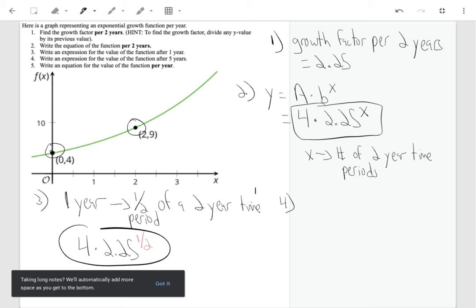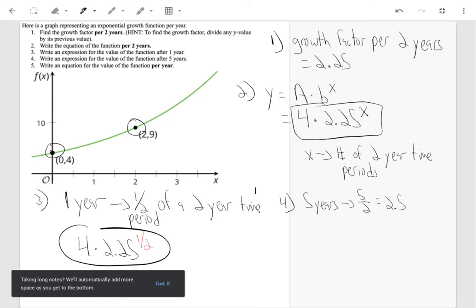Number 4, write an expression for the value of the function after 5 years. We're going to do the same thing. 5 years, I have to convert that to 2-year time periods, which means I need to divide it by 2. So 5 divided by 2 is 2.5.